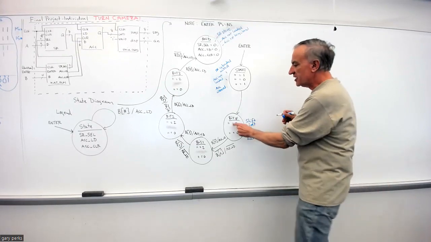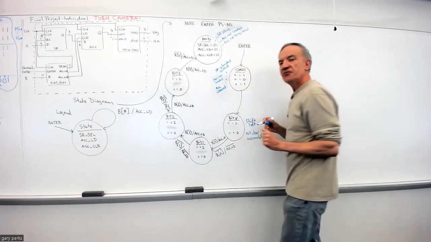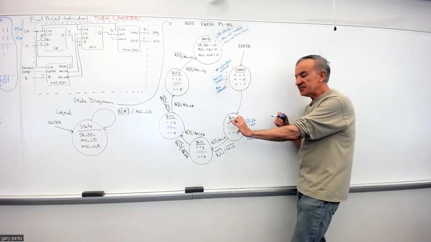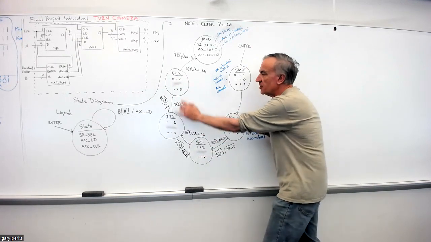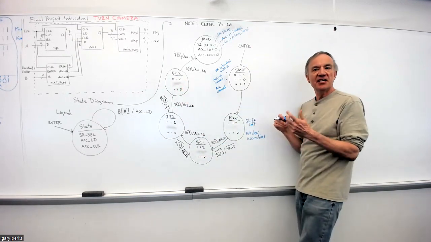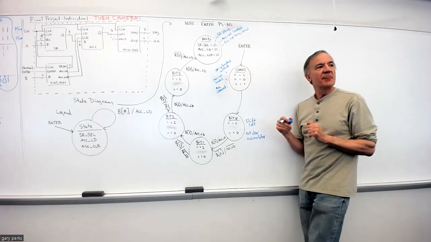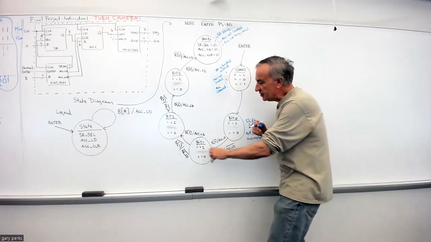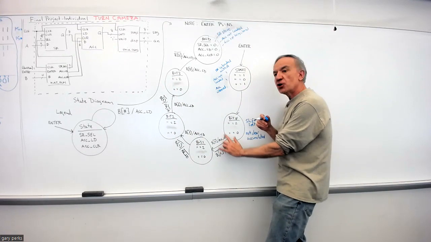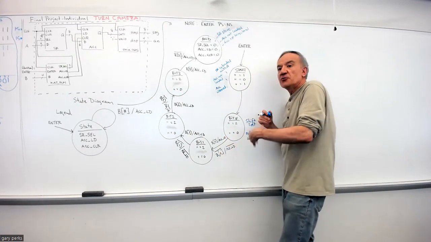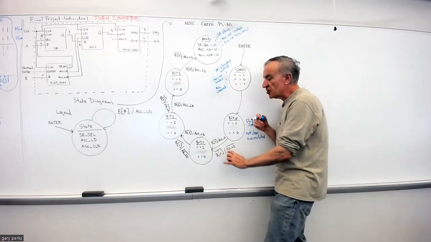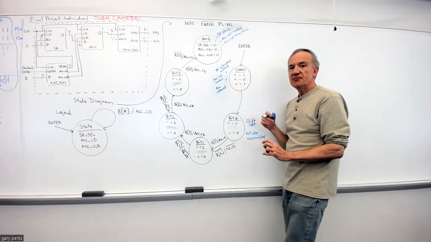In fact, if you look at all four bit states, they all have the same thing. Each one of them, the shift register is set up to shift left, and each one of them, we're not clearing the accumulator. And then each one of them, whether we're going to load the accumulator or not depends on what the B value is.